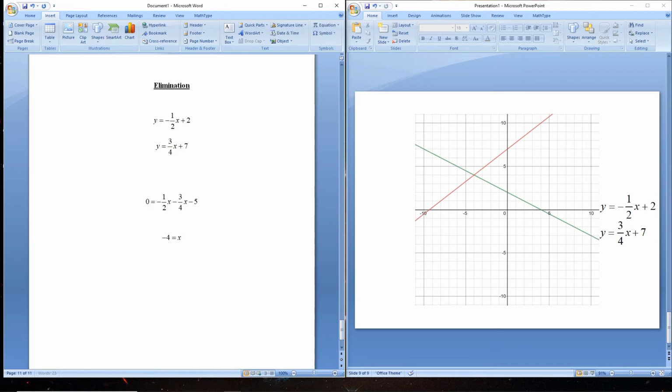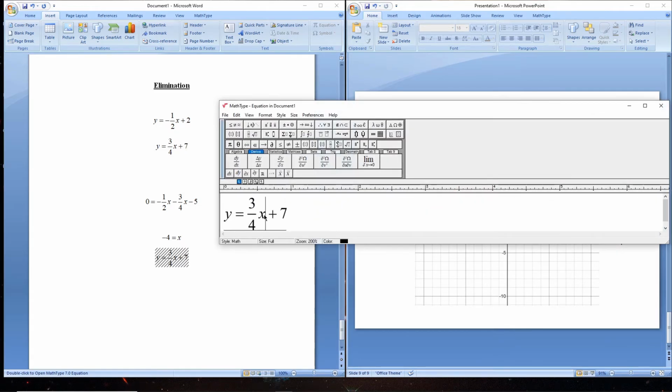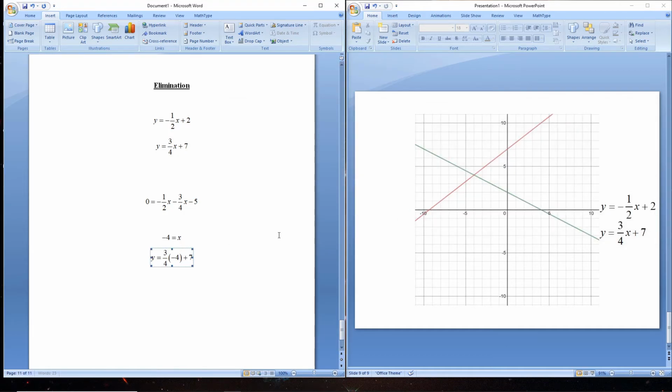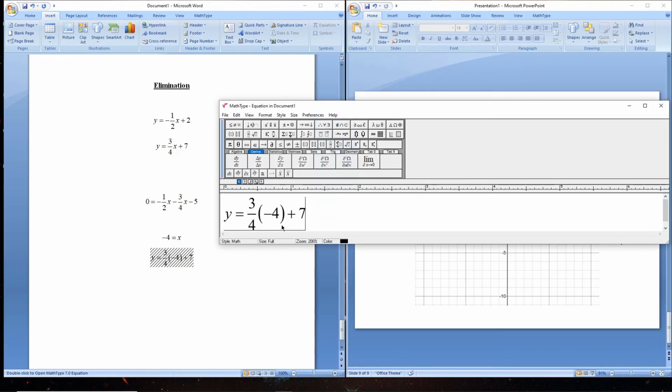And now to get what y is, we'd have to use one of these equations and do substitution here. So let's just take this equation, and we're going to plug in then a minus 4 here. And then we'll solve for that. So these 4's do divide out.